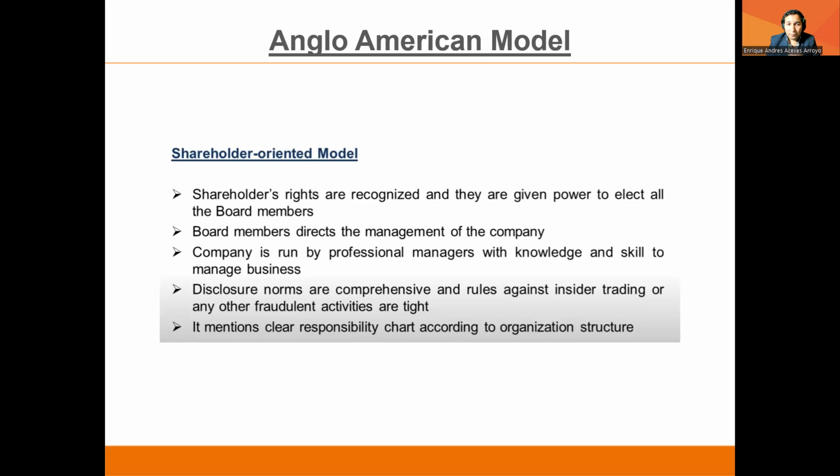So the Anglo-American model is what's called the shareholder-oriented model, in which the shareholders' rights are recognized, and they are given power to elect all board members. Remember, we have the owners, and then we have the board members, and the board members direct the management of the company.